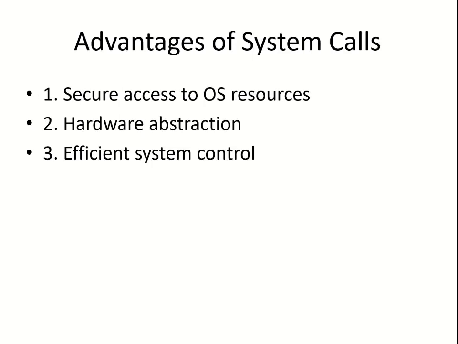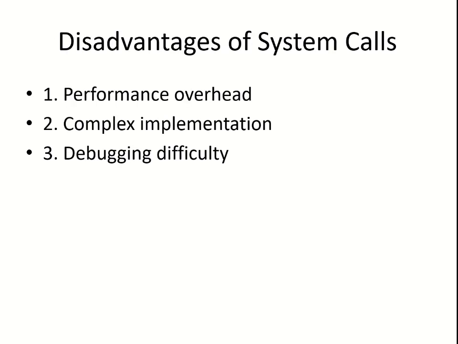And now, the advantages of system calls. Some of the advantages of system calls in operating systems are: first, secure access to operating system resources; second, hardware abstraction; and third, efficient system control. Next, disadvantages of system calls.